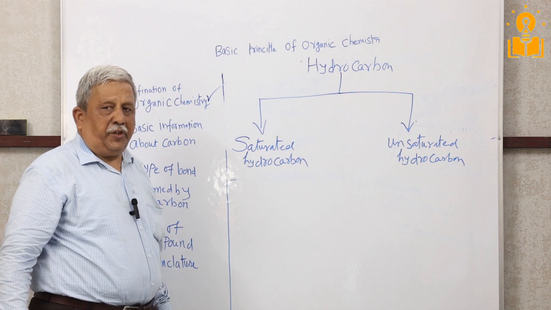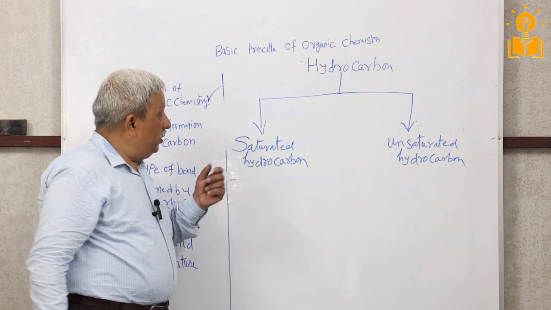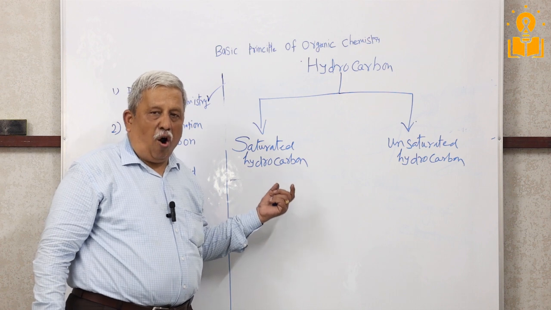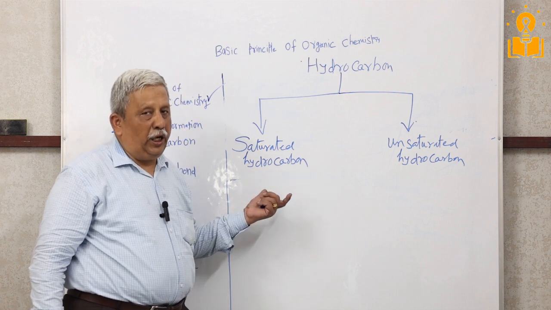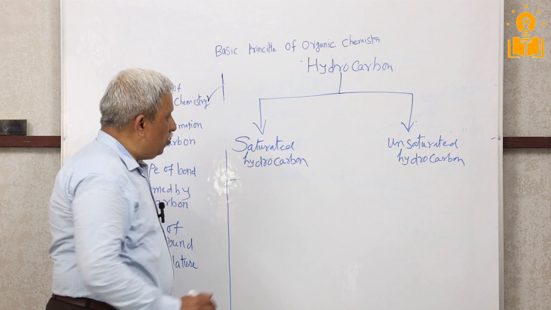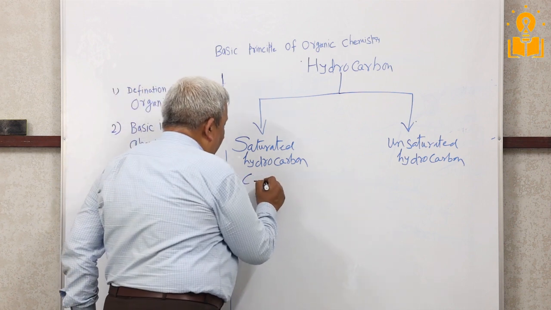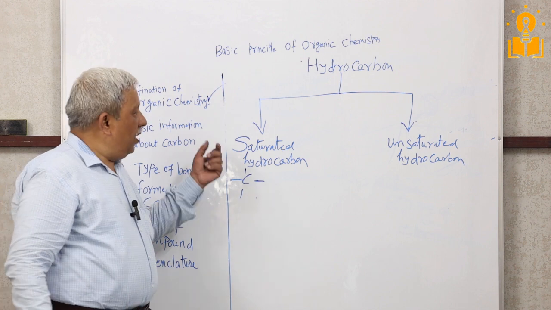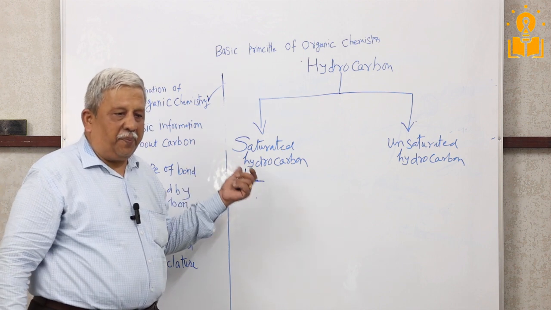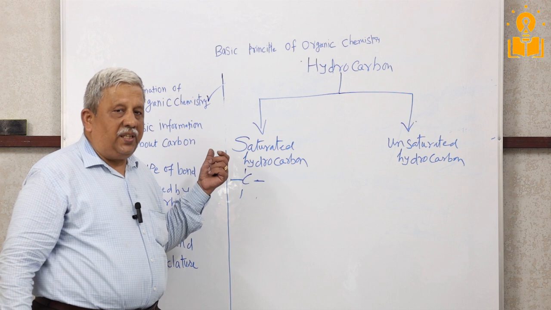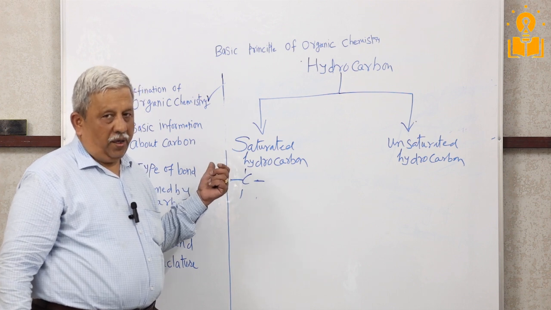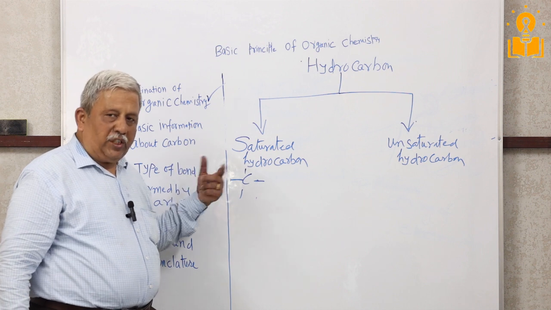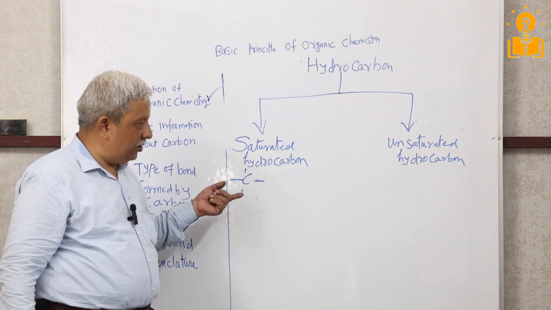What is saturated hydrocarbon? These are the hydrocarbons in which the valency of carbon is completely fulfilled. So they always have single bonds. Saturated hydrocarbons are those in which there are only CH or CC single bonds, and that is a sigma bond. We are going to see what is sigma bond and pi bond afterwards.